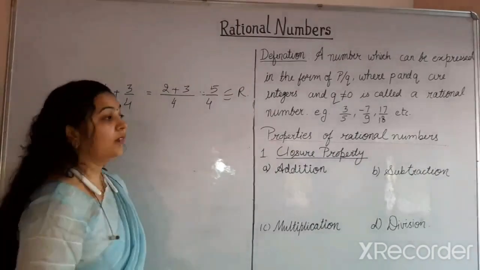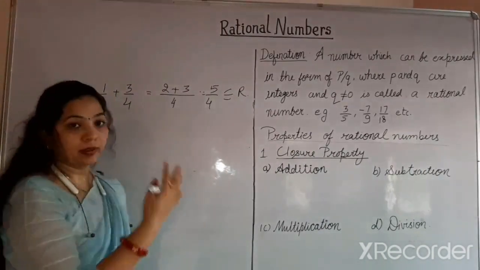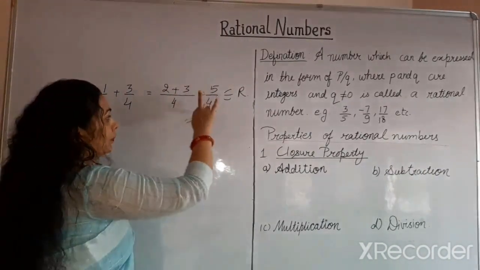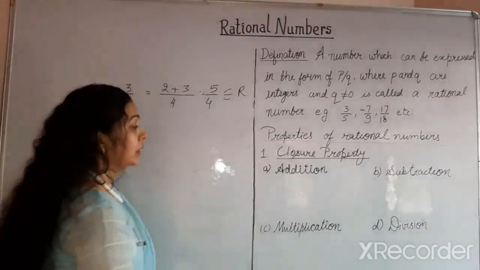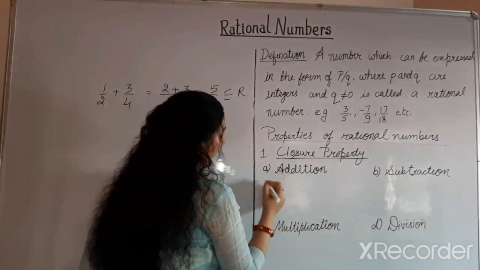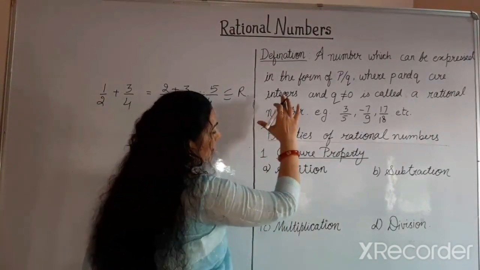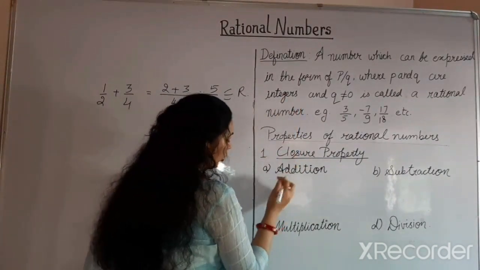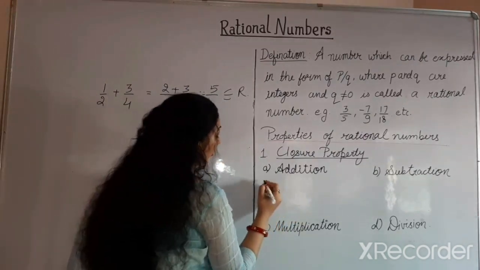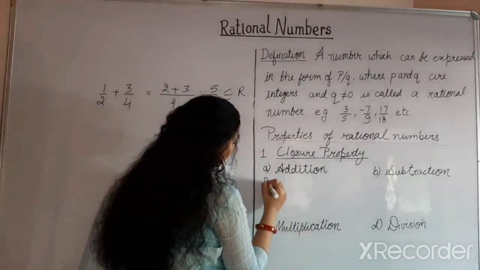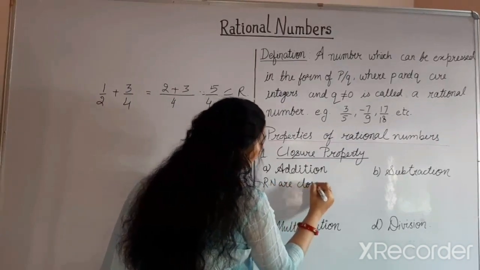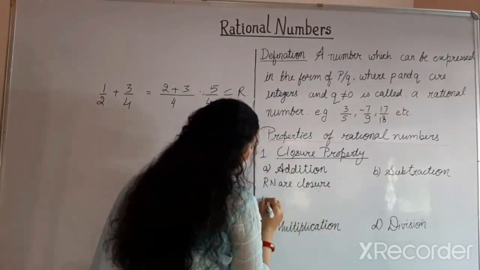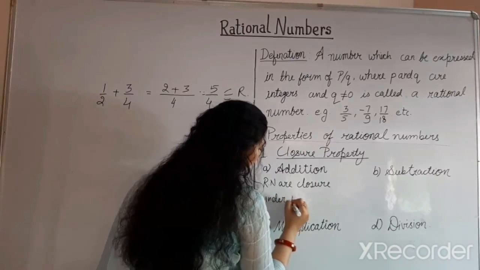It means that if we operate on any two rational numbers, the result is again a rational number. This concludes that rational numbers are closed under addition.